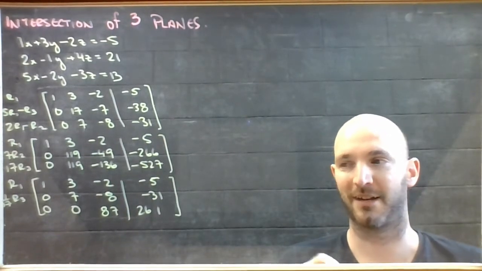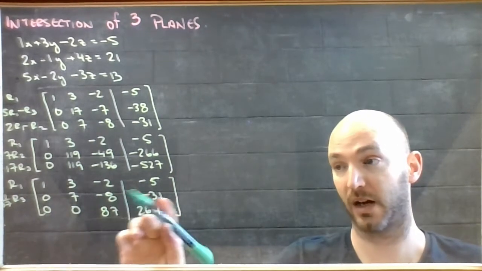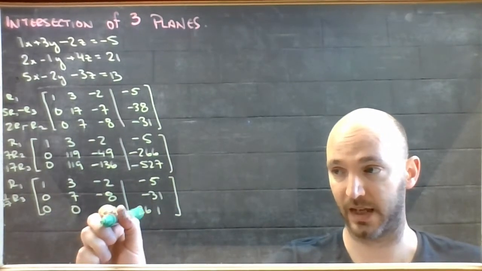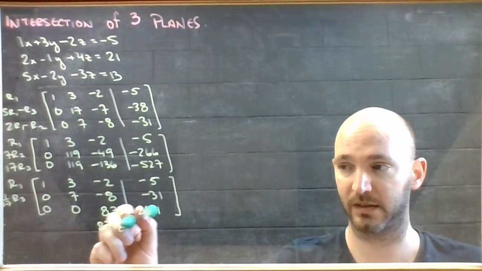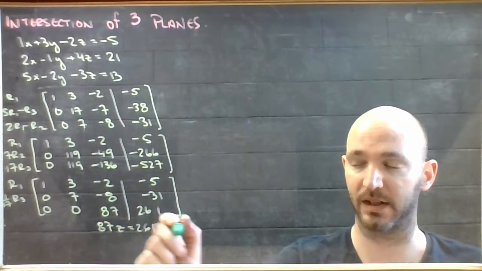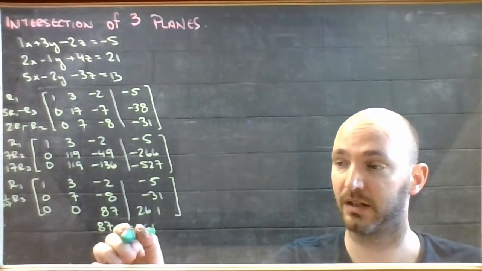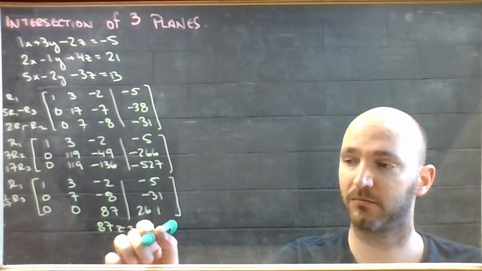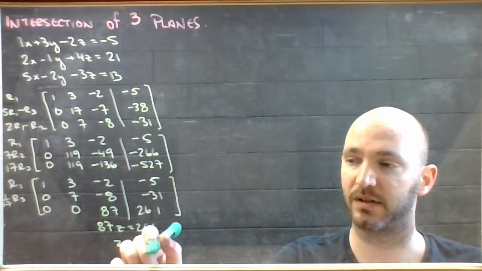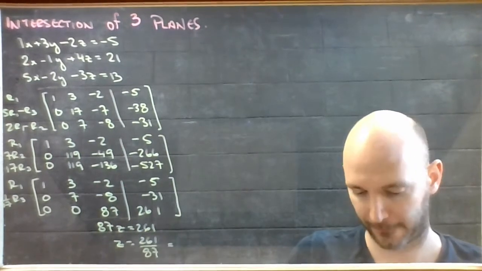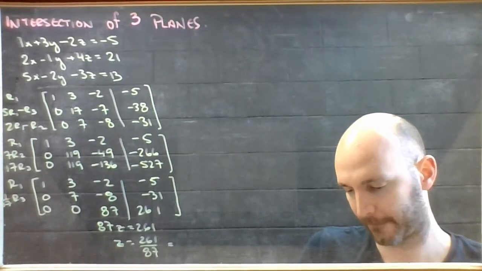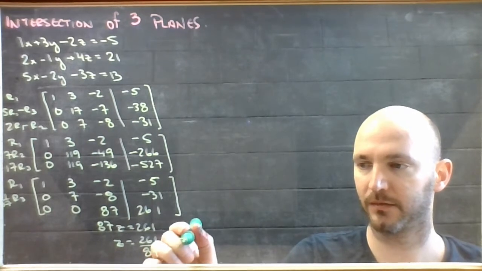Yuck. But we're down to this line where I have an equation here that says 87z equals 261. And if you're real good at numbers, I think you might have already picked out this is 3. 261 divided by 87 is indeed 3.